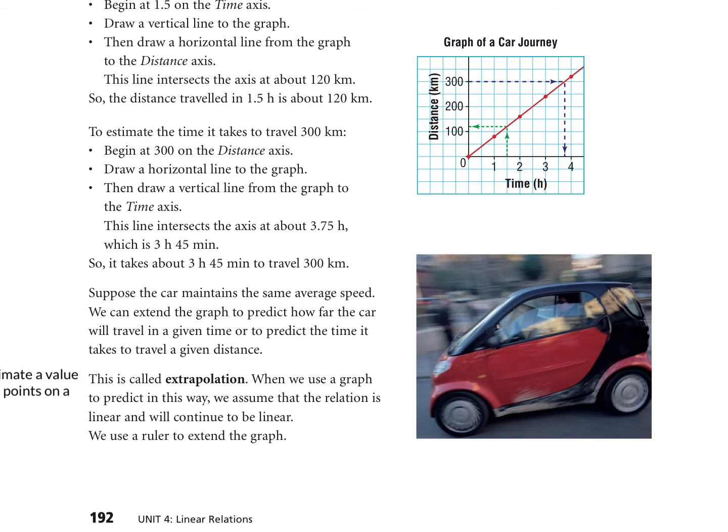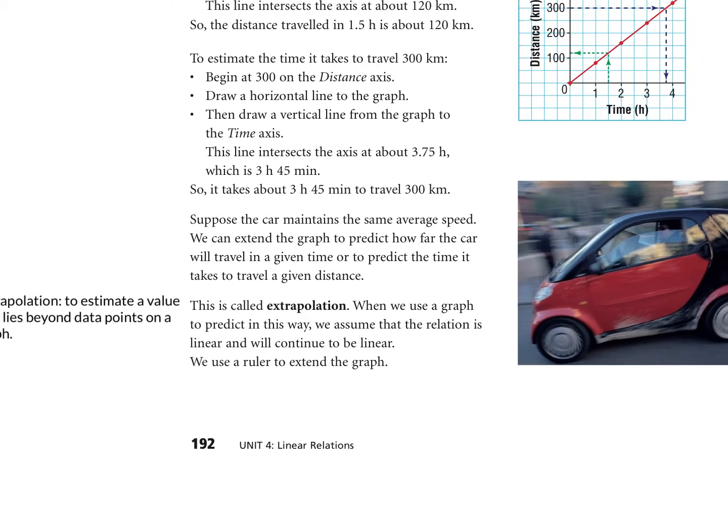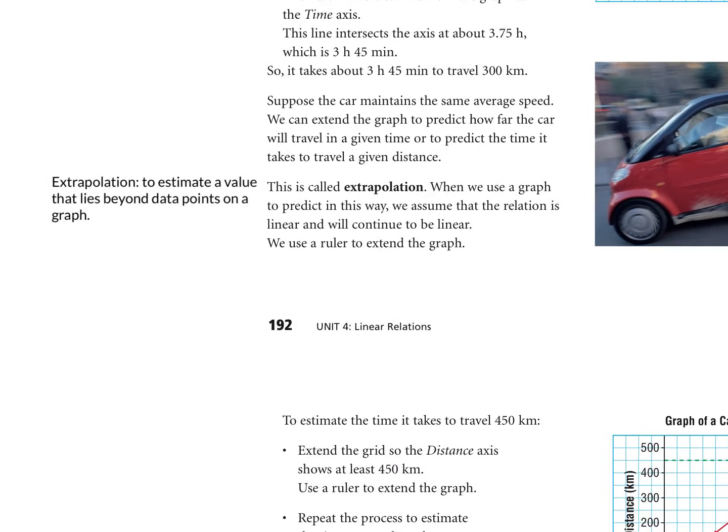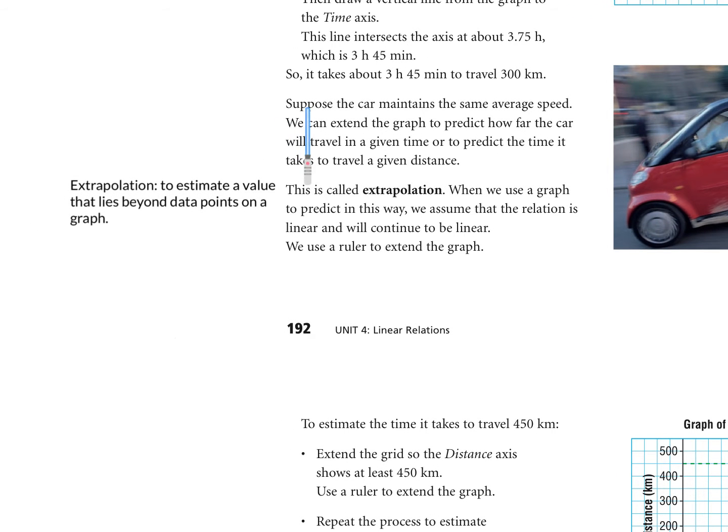All right. So next, we're going to continue to think about a car traveling. It says, suppose the car maintains the same average speed. We can extend the graph to predict how far the car will travel in a given time, or predict the time it takes to travel a given distance.